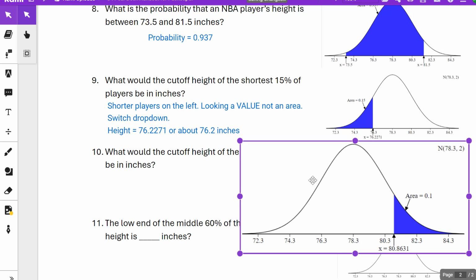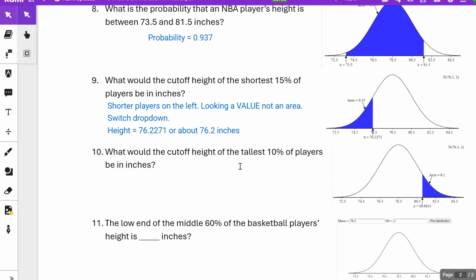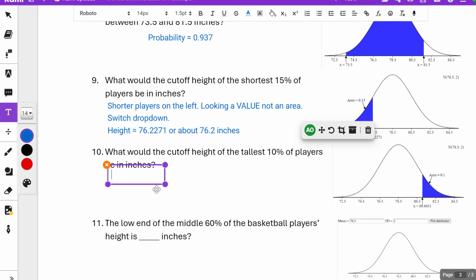And here we go. So the cutoff for the top 10% would be 80.86 inches. So value height equals 80.86 inches.